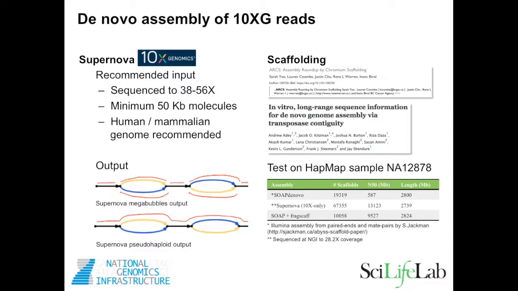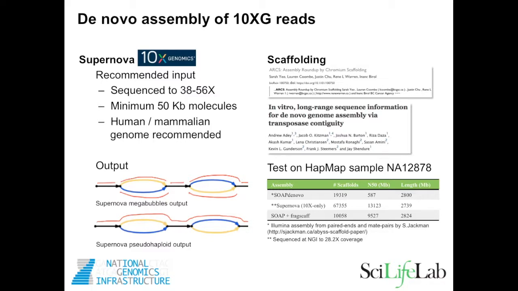Of course, the Supernova assembly was surprisingly good for this sample, but at least using this method for scaffolding shows promise. And ARCS is a program that is specifically made for this type of data, but I have yet to try it.